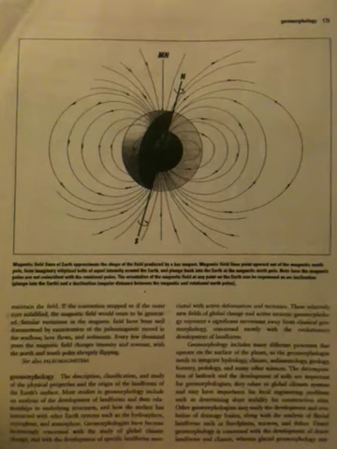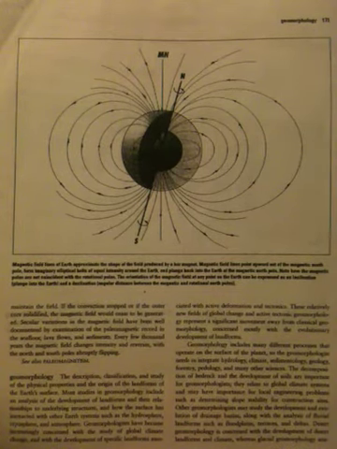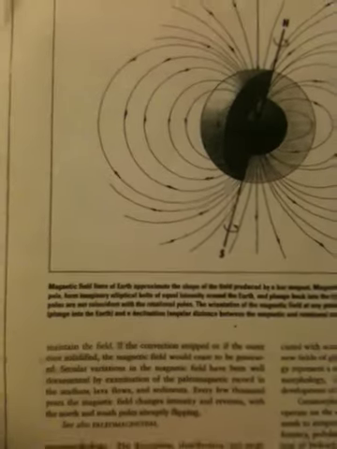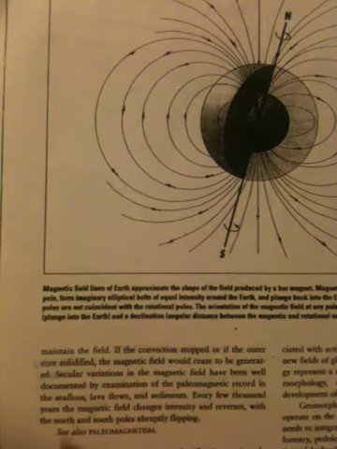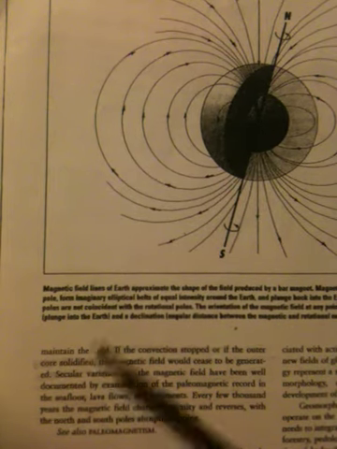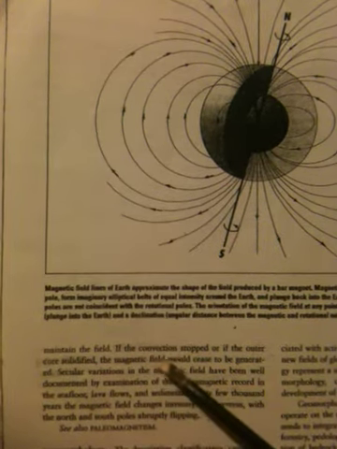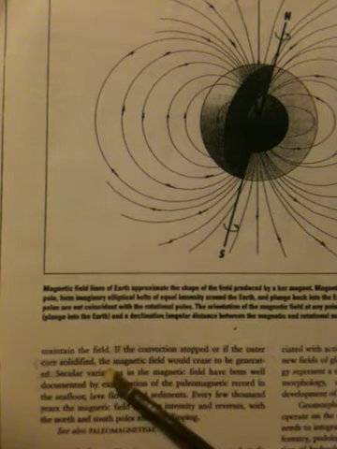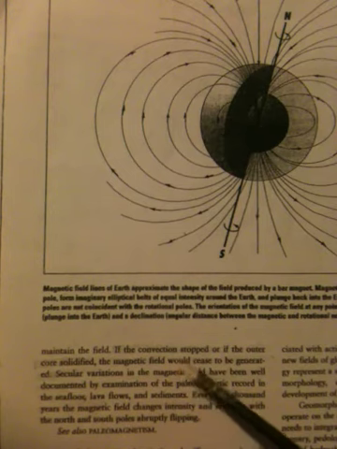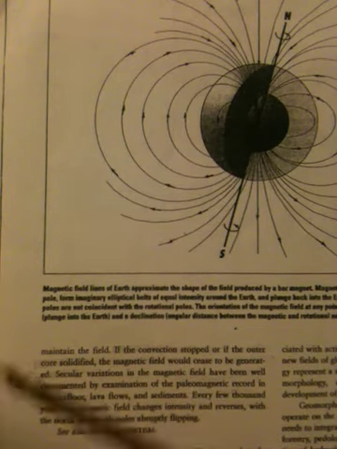Another scientific publication that discusses the magnetic field. All right, let's zoom in on this part down here. It says, if the convection stopped, or if the outer core solidified, the magnetic field would cease to be generated.